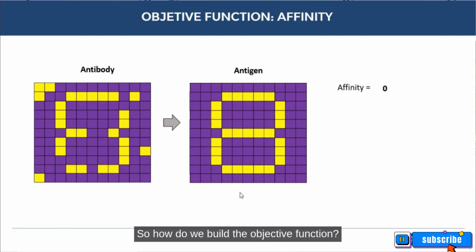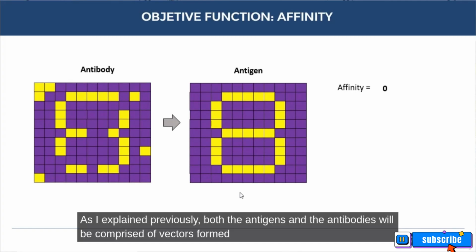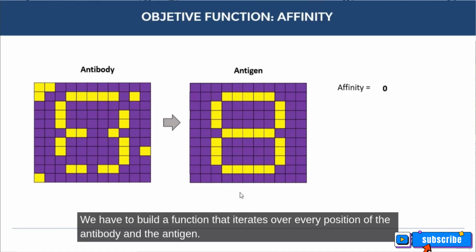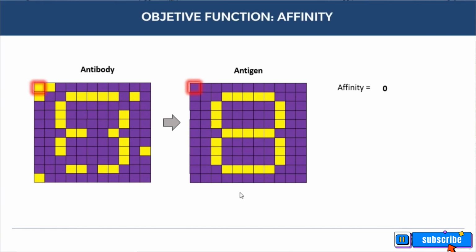So how do we build the objective function? As I explained previously, both the antigens and the antibodies will be comprised of vectors formed by zeros and ones. We have to build a function that iterates over every position of the antibody and the antigen.